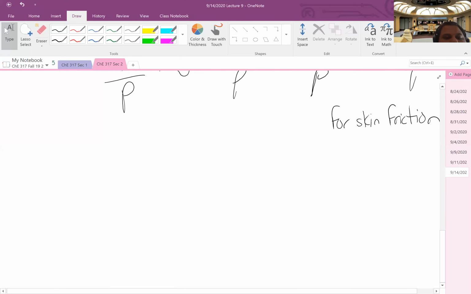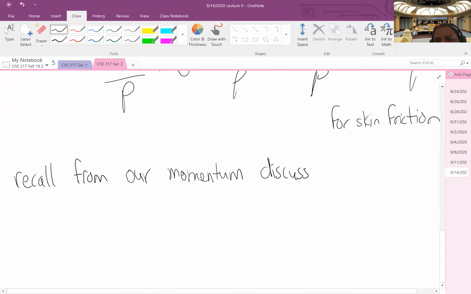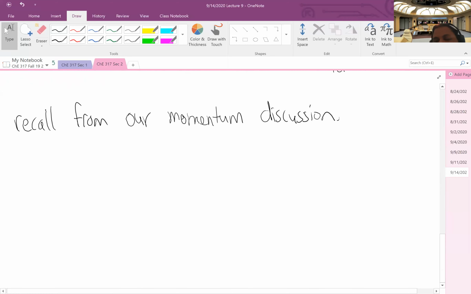So if we recall from our momentum discussion, I had developed an expression that defines shear stress as a function of pipe diameter and pipe length.